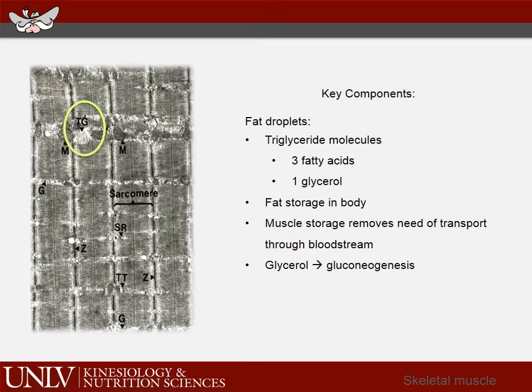The glycerol molecule, on the other hand, has to go into the liver and be created into new glucose units, and then it's going to be transferred back into the mitochondria. And this is through the process of gluconeogenesis, and they are going to provide the energy that way.